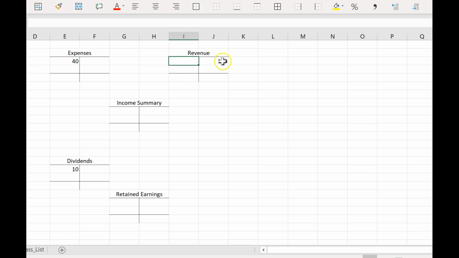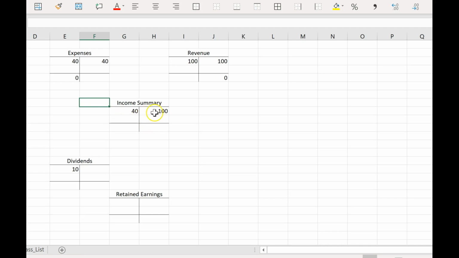If I'm trying to make this 100 go to zero, I'll debit 100 and credit the same amount, right? You debit revenue, you credit income summary, $100. Similarly, you credit expenses $40, and you debit income summary $40, right? Same amount. So you will see revenue goes to zero, expenses go to zero.